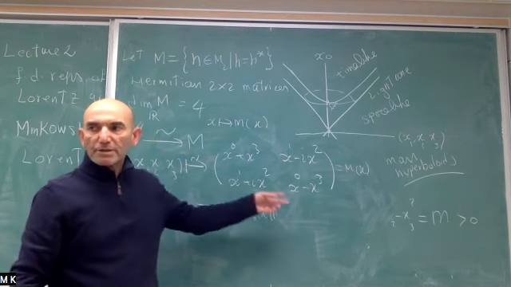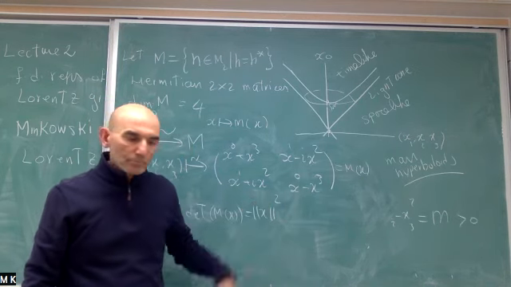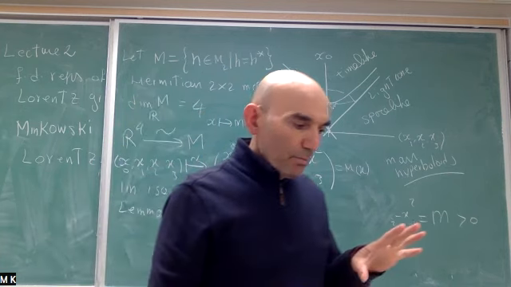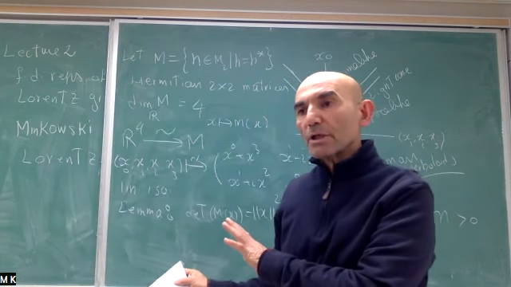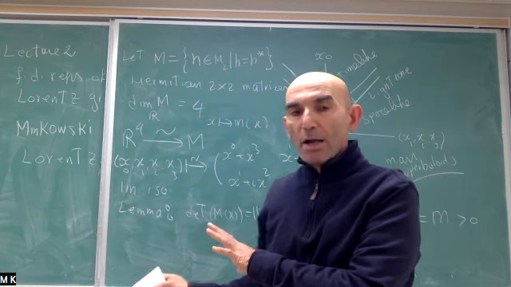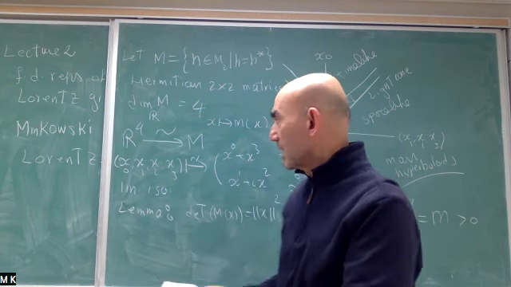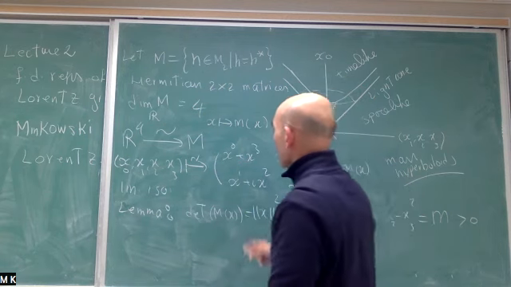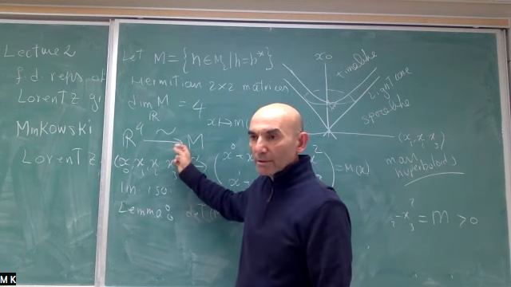Obviously, if you compute the determinant, you see that this is true. So if we put this determinant norm on these Hermitian 2x2 matrices, we are going to get a copy of Minkowski space.